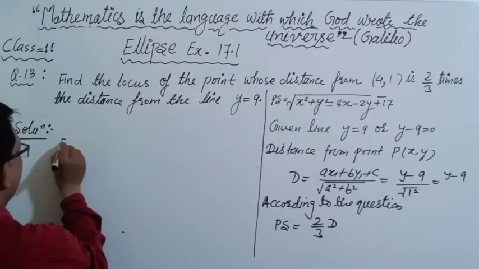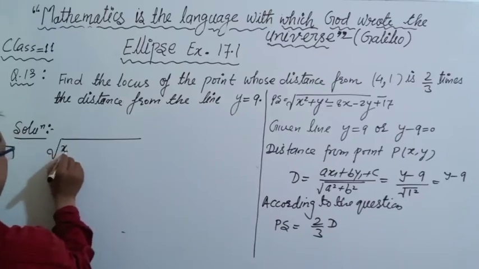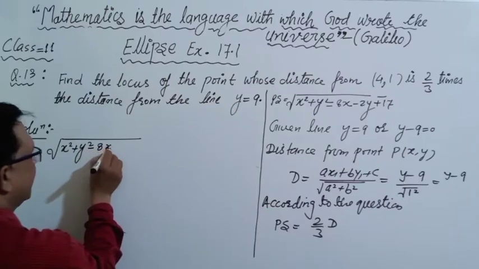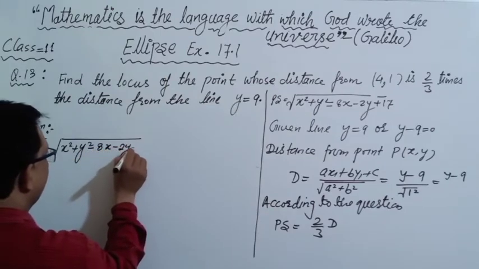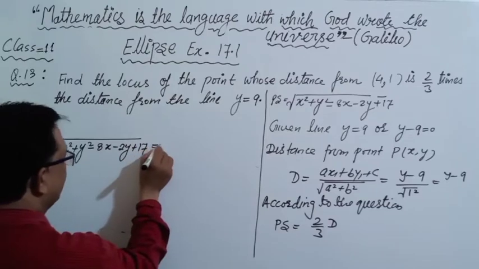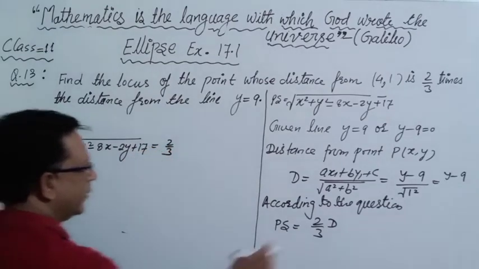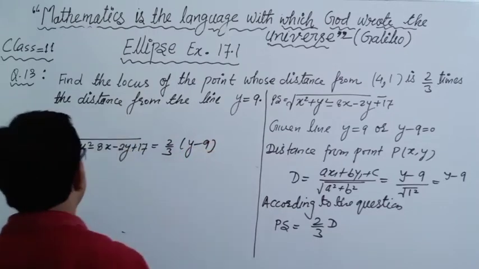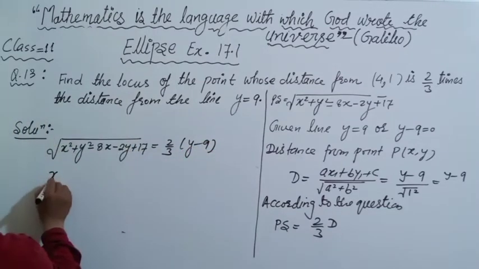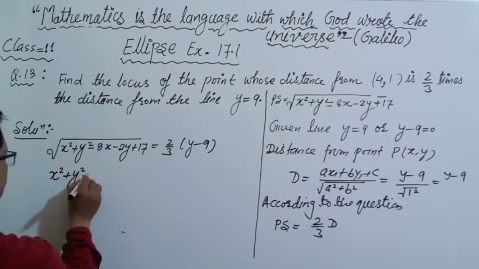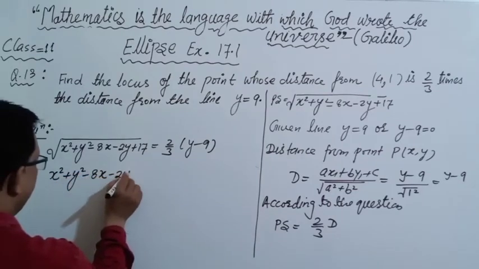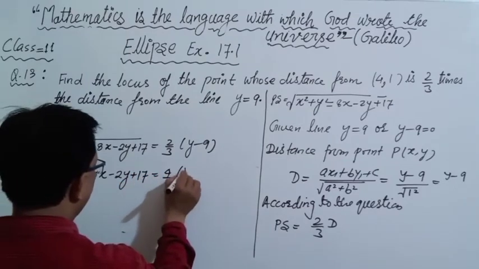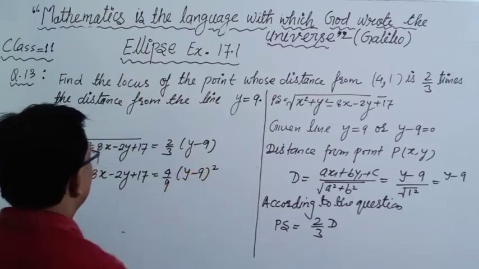So our PS is square root of x square plus y square minus 8x minus 2y plus 17 equal to 2/3 times D, and D is y minus 9. Squaring both sides, we get x square plus y square minus 8x minus 2y plus 17 is equal to 4/9 times (y minus 9) whole square.